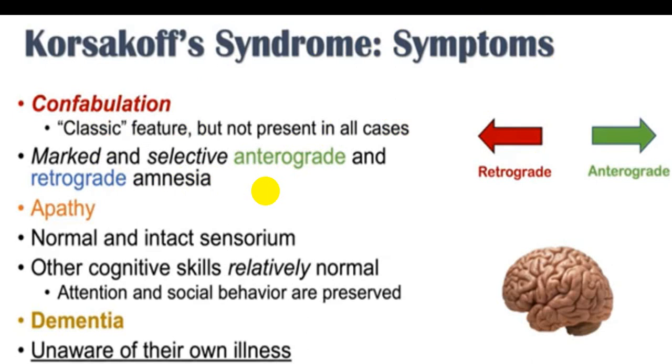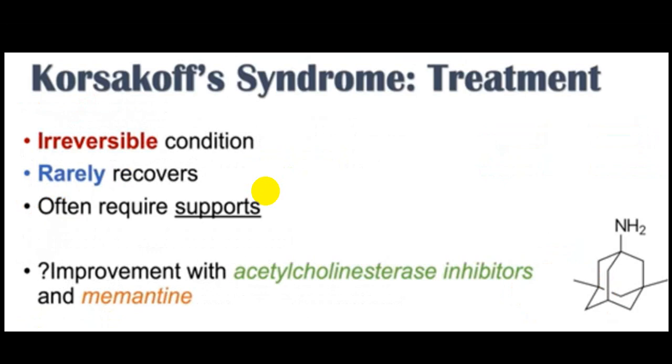Person can have apathy. Person will have an intact sensorium. Cognitive functions are relatively normal. Social behavior is preserved. Person can also develop dementia. Person is not aware of his own illness. This is very, very peculiar.